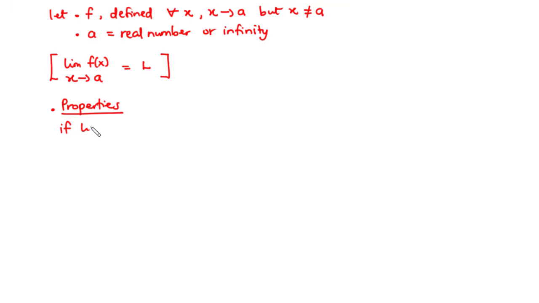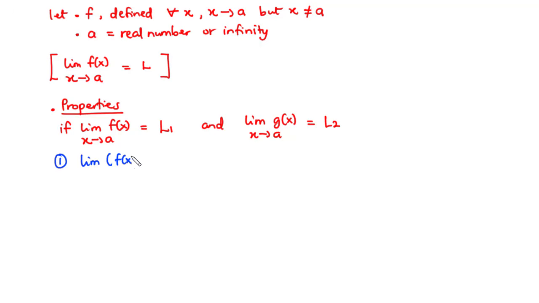Now, if the limit of f of x as x approaches a is equal to L1, and the limit of g of x as x approaches a is equal to L2, then the limit of f of x plus or minus g of x as x approaches a is equal to, now we can split this to have the limit of f of x as x approaches a plus or minus the limit of g of x as x approaches a.